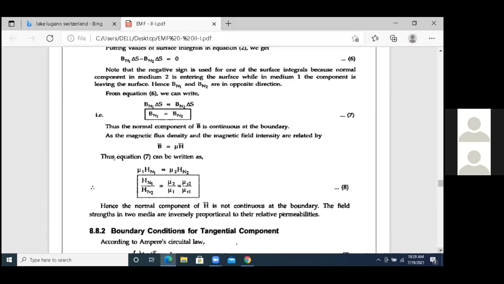Now, B is mu H. So if we make the substitution into this for mu1 H1 and mu2 H2, we end up with this.